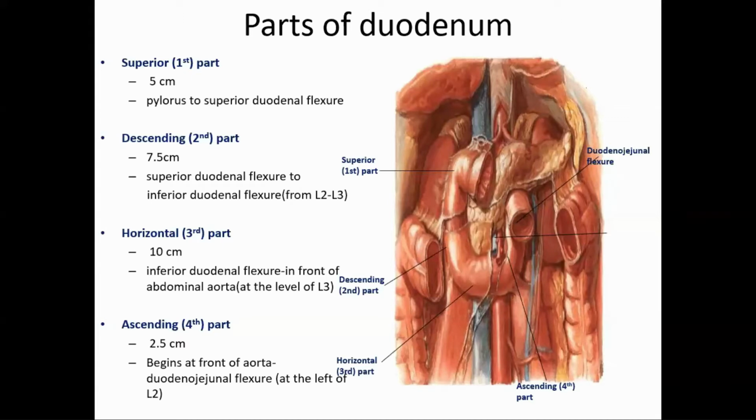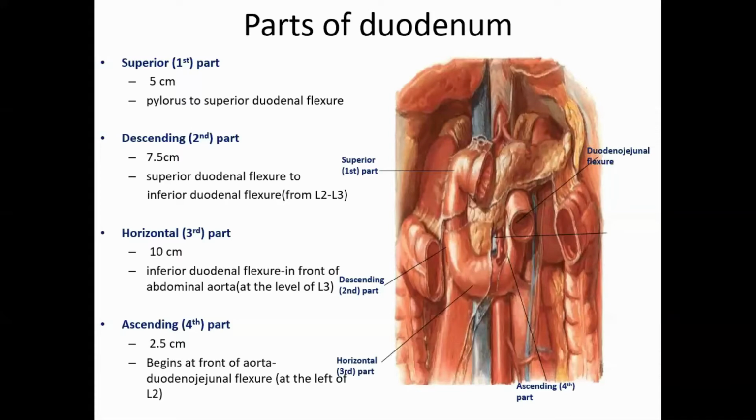This flexure lies at the level of L2, 2.5 centimeters to the left of the median plane and 1 centimeter distal to the transpyloric plane. Clear?